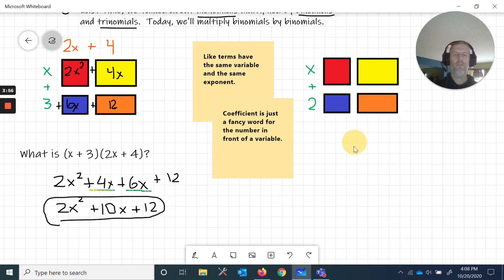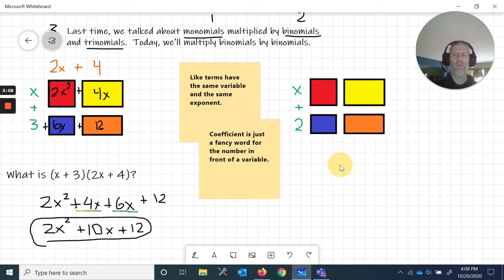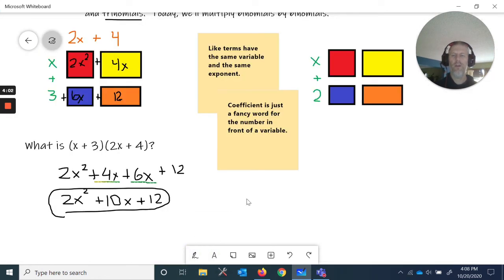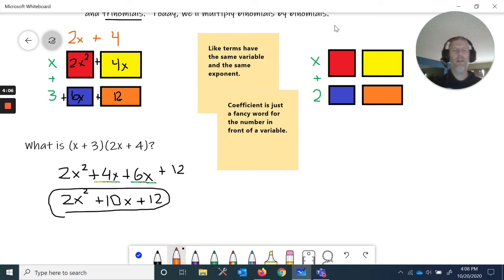X plus 2, I'm going to slide up just a little bit here so you can see it better. And then let's go with something like, how about 3x plus 5, okay? So pause the video, try this one on your own, and then when you come back, you can see the solution.